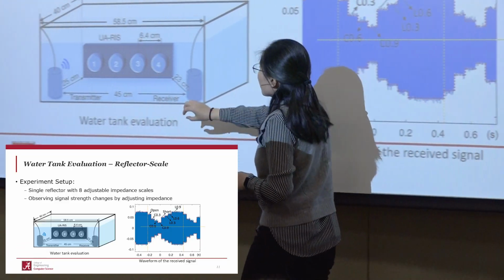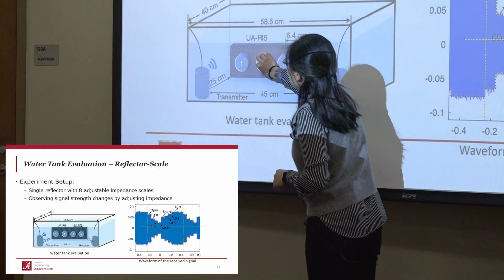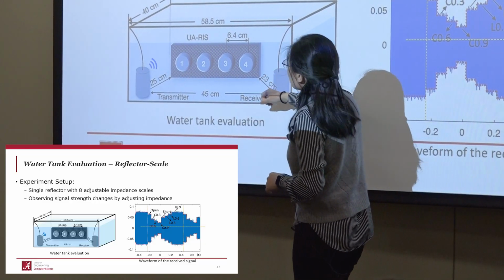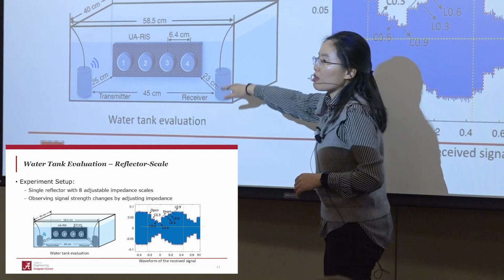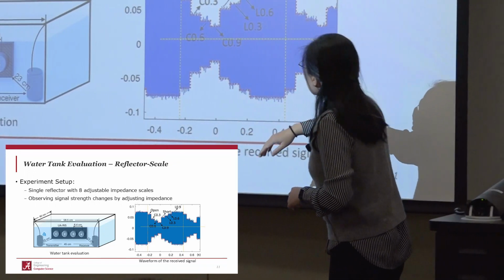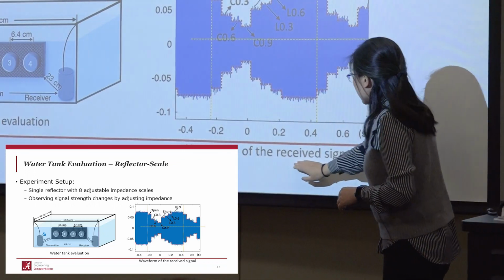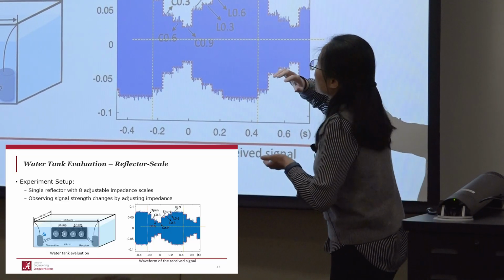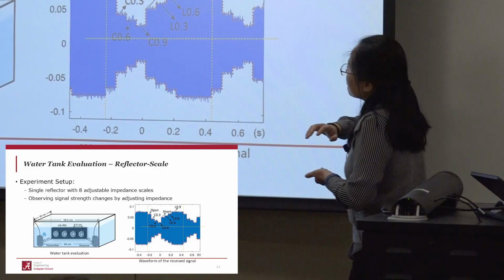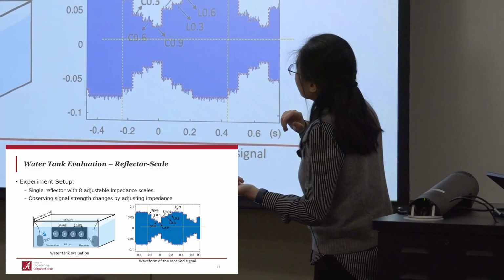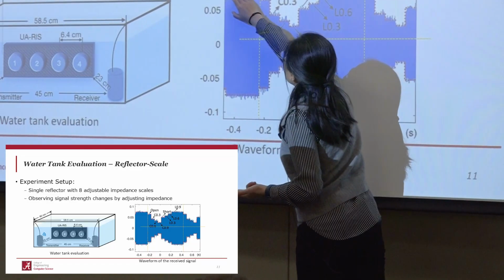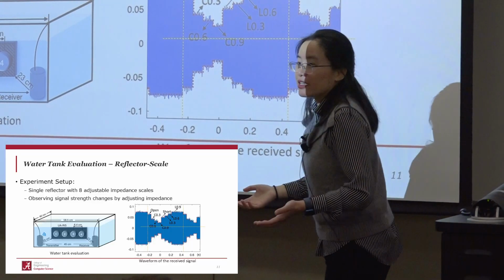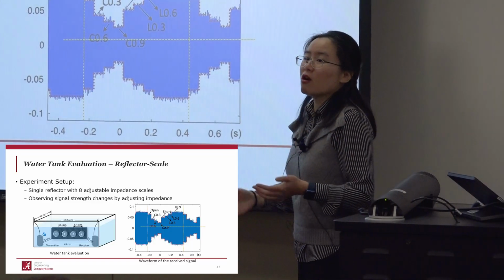So when we change the reflector's impedance, the changing part is the signal strength of the reflected signal. So basically, the received signal shows the combination or superposition of the direct signal and reflected signal. Basically, the signal amplitude variance actually is the reflected signal variation.